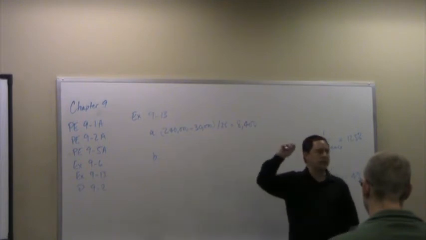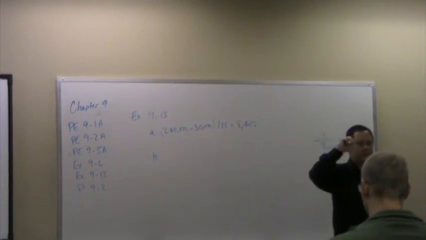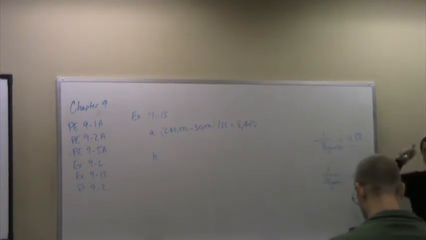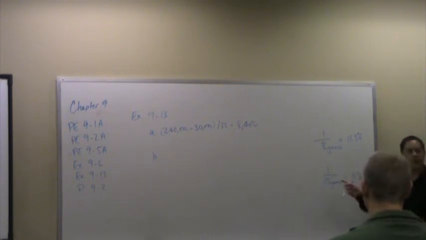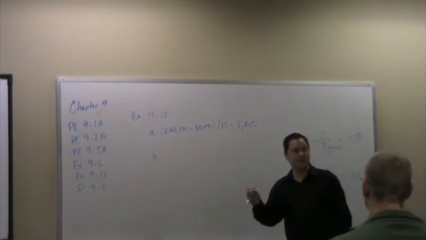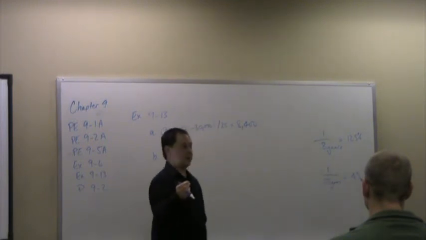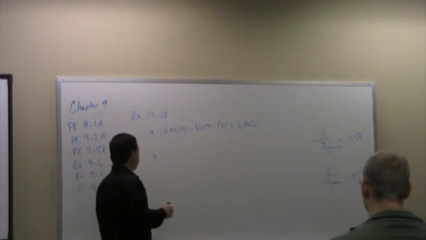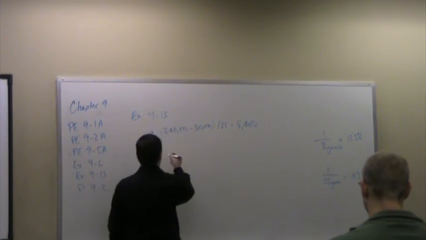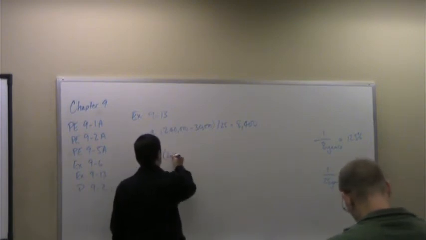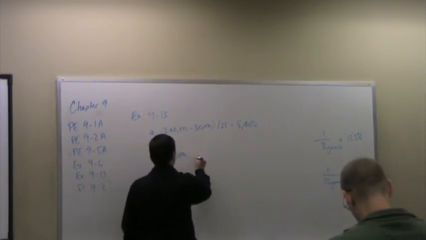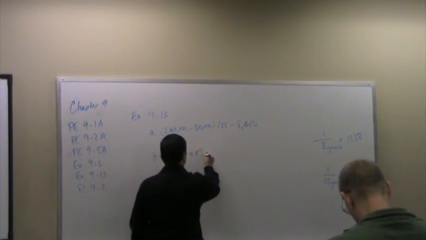We're dividing by 25 years, so it'd be 4% here. In the double declining method, we double that, so now it's 8%. For the first year, it's 240,000 times 8%.